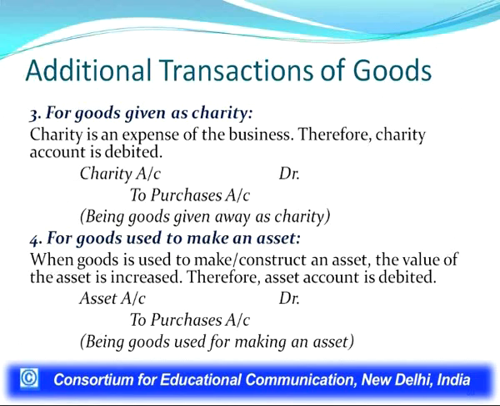Furniture is an asset for the firm. So in this timber example, the entry will be furniture account debit to purchases account. Whatever asset has been created by using the goods, that asset account shall be debited and the purchases account shall be credited.